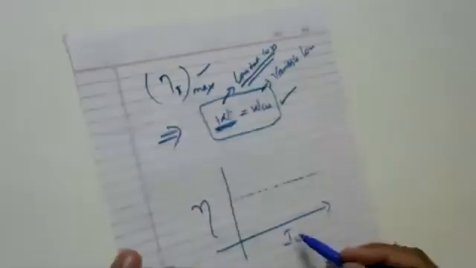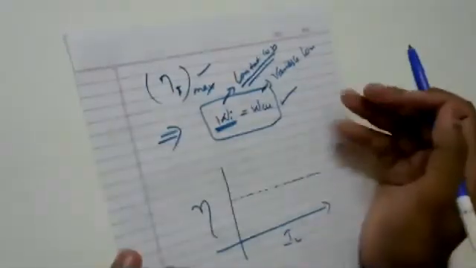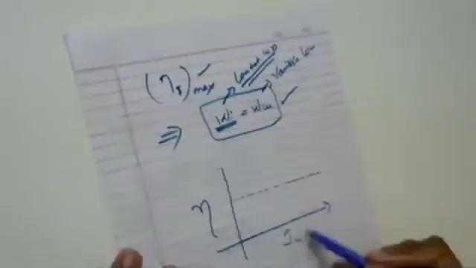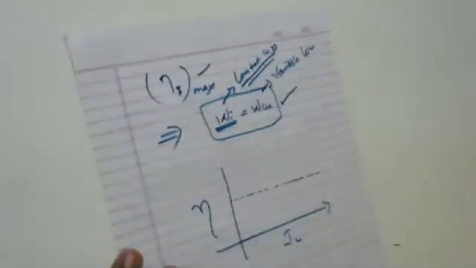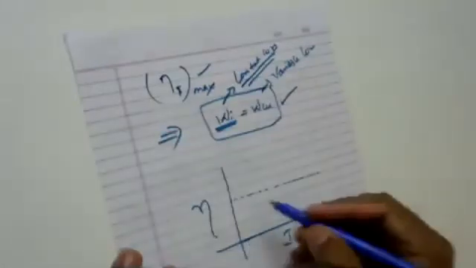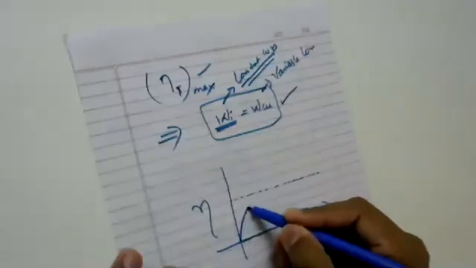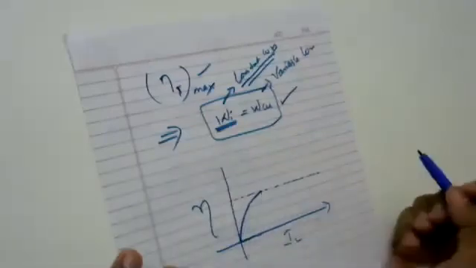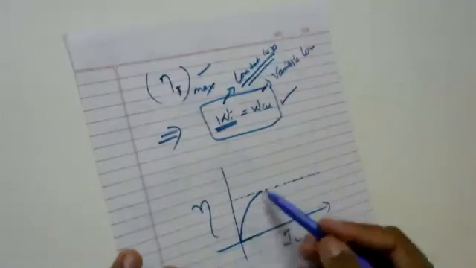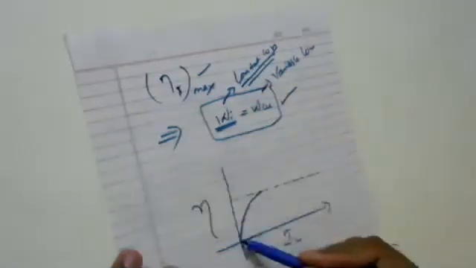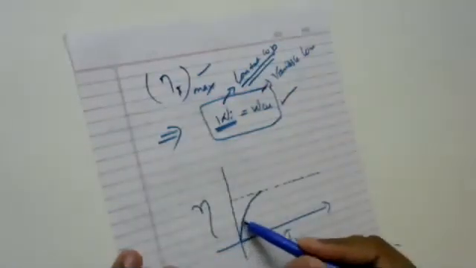Now, when I operate my transformer, the load current is variable. My I2 is variable. As I go on increasing the load, what happens? The variable loss is increasing. This is what you have to understand.